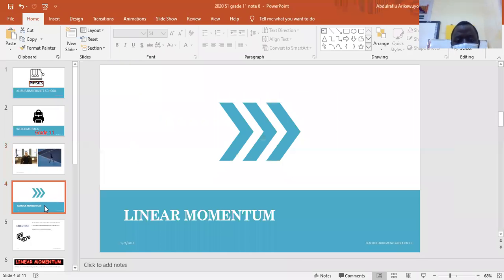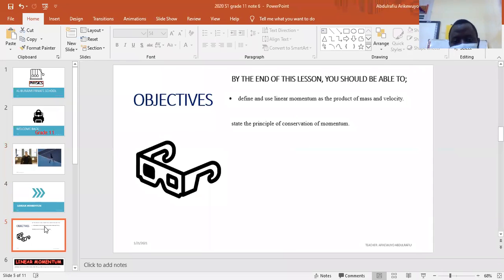That relationship is called linear momentum. Linear momentum helps us to relate together mass and velocity, the mass of a moving object and the velocity of that object.